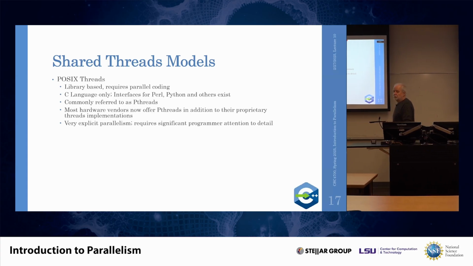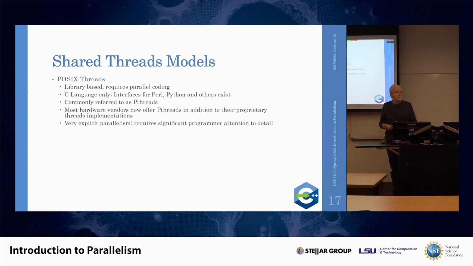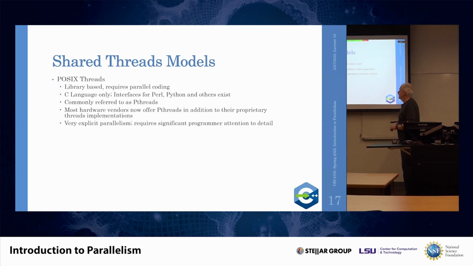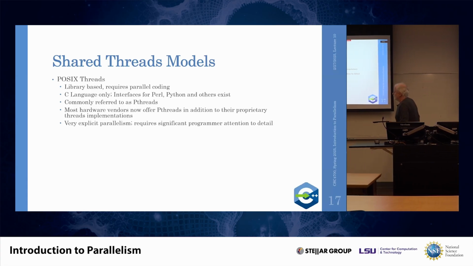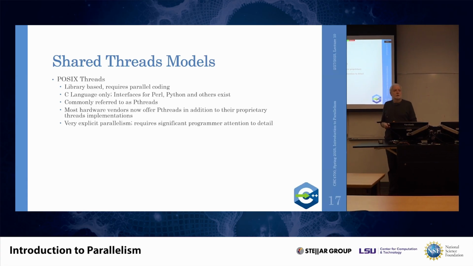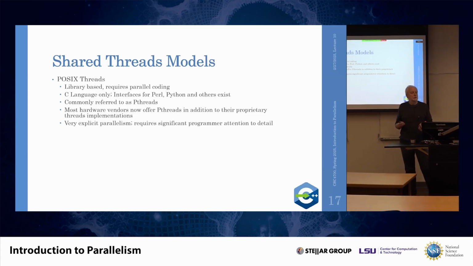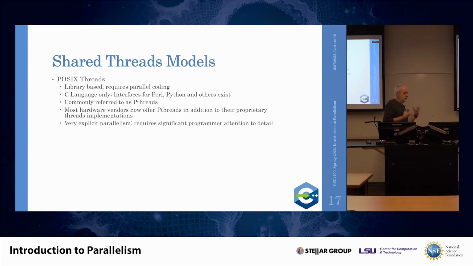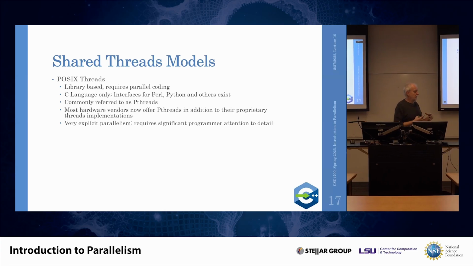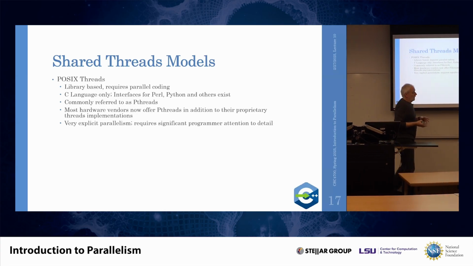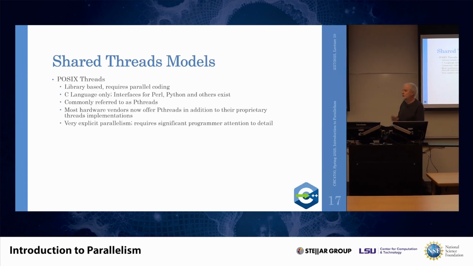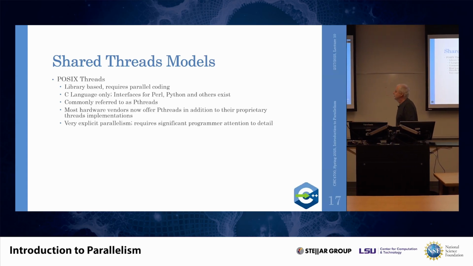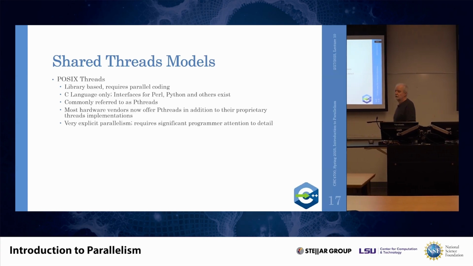It's littered with void pointers on all ends, so you have to really know what you're doing. Otherwise, it's very, very difficult to get right. Most hardware vendors offer a pthread implementation, and that is a benefit. So you don't have to worry about, as a system provider, how to get parallelization done, because the hardware provider will give you a pthread library that you can use to build your own abstractions on top of. So it's very explicit parallelism, requires significant programmer attention to detail.